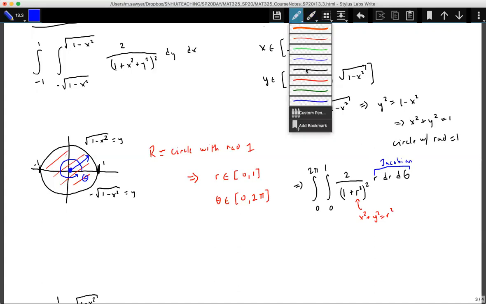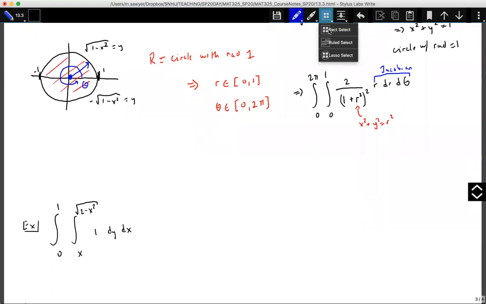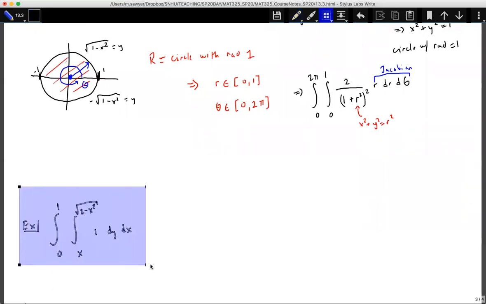To solve this integral, we can see that this is a nice u substitution. Let me just move this other problem down for a moment.